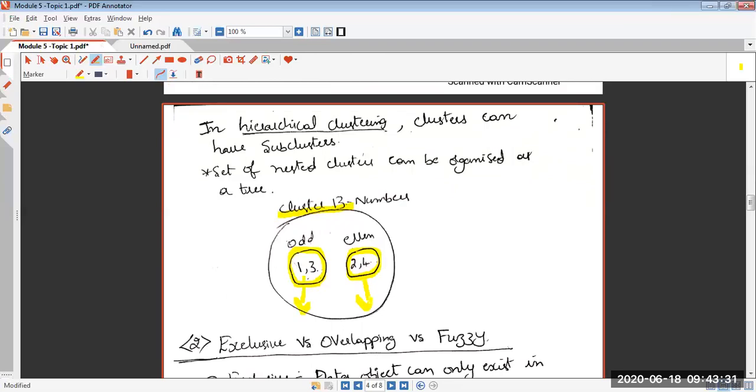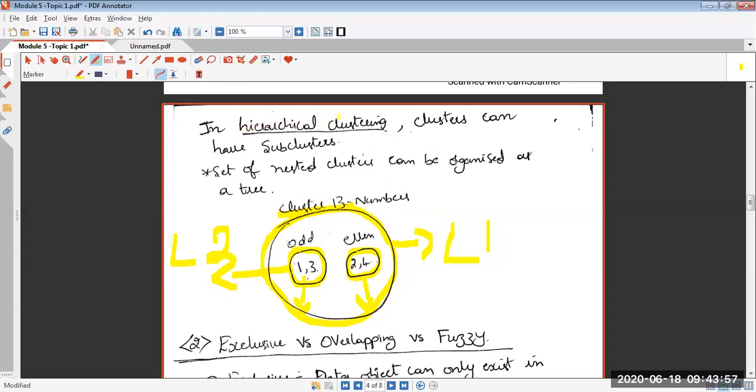Different levels are there. The outermost cluster, which is a larger cluster, is level 1. Inside that cluster, you have smaller clusters, smaller subsets. It is level 2. So since you have different levels or you have different subsets, subclusters, it is called as hierarchical.